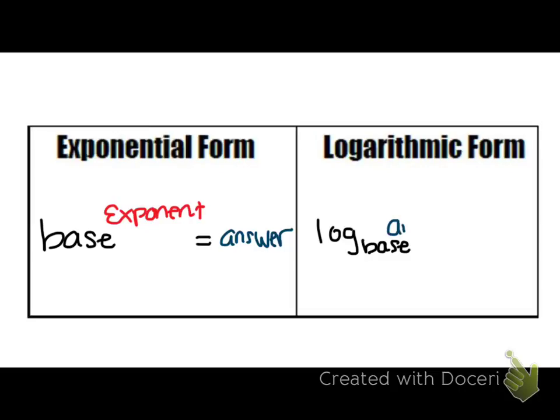And then we have an answer, and it has to equal my exponent. So log, base is lower, above the base you write the word answer, and then equals the exponent.